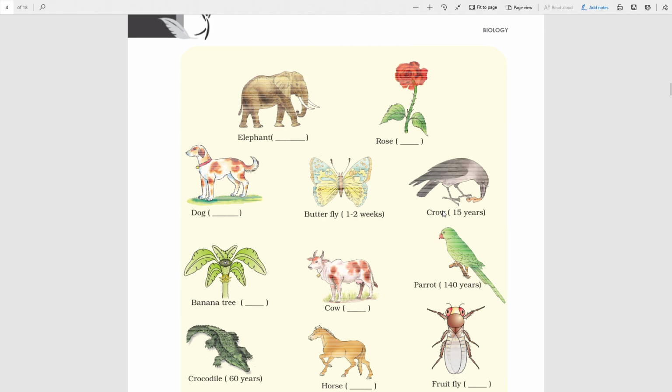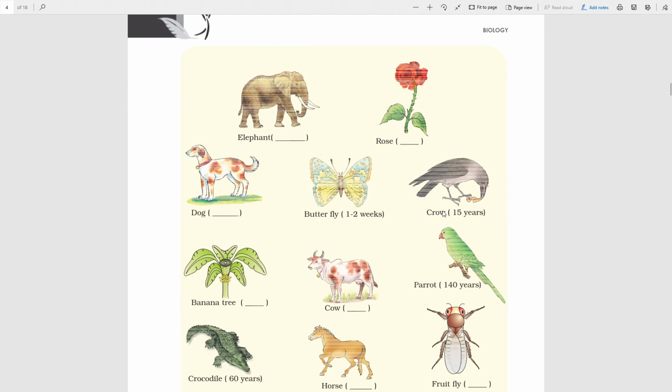Rose plant, we know it's a perennial plant. Perennial means it can flower all throughout the year. The rose plant has a lifespan of 7 to 8 years. Next, coming to dogs, the highest lifespan of a dog is approximately 13 to 15 years.